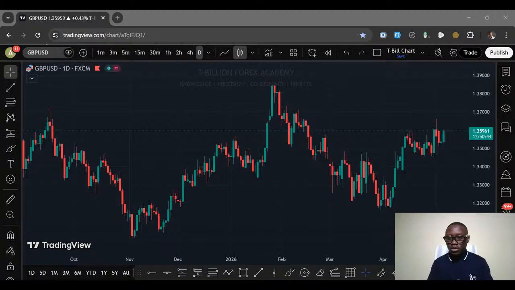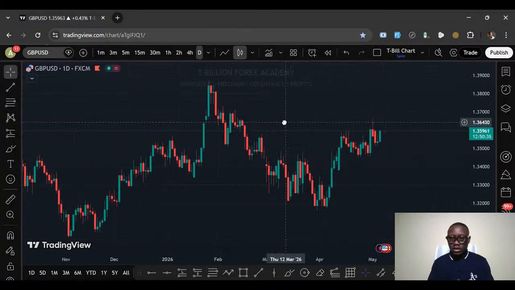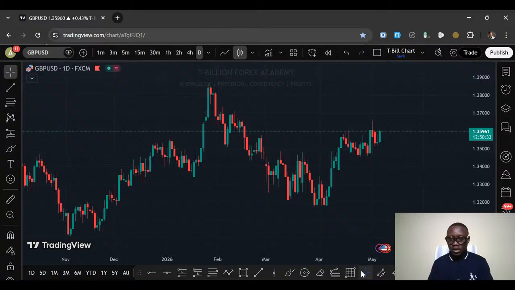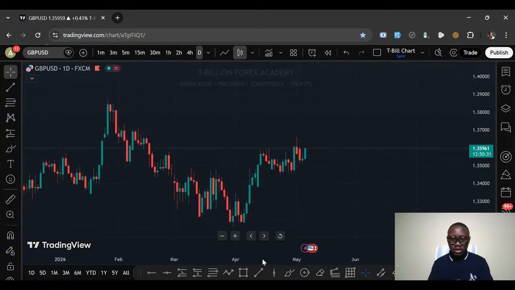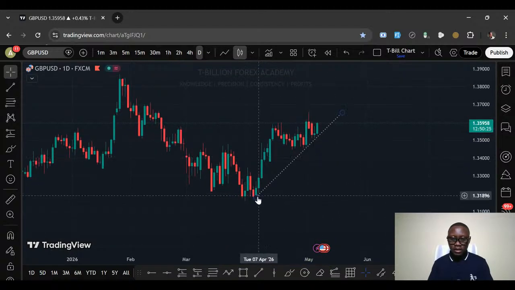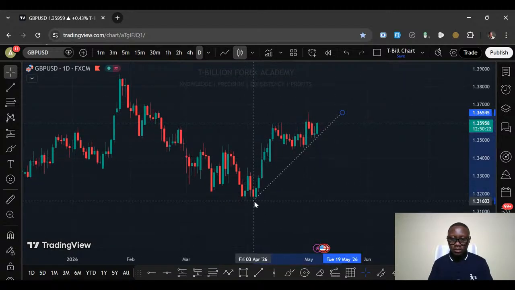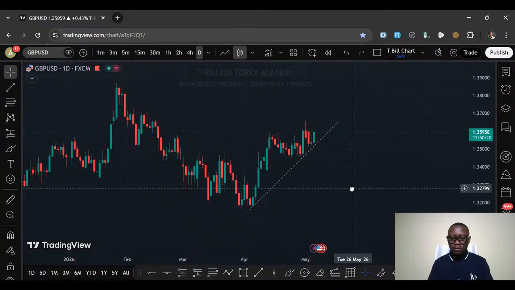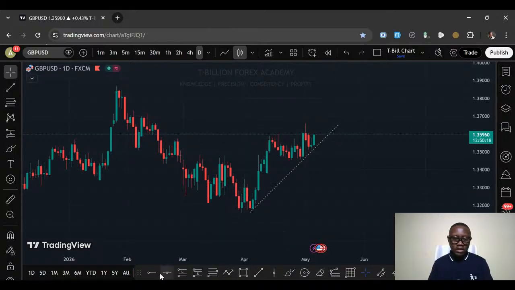On GBPUSD, it is obvious that the trend is bullish. Simply by drawing our trend line, we can tell that the market is bullish, right? And here is our external liquidity.